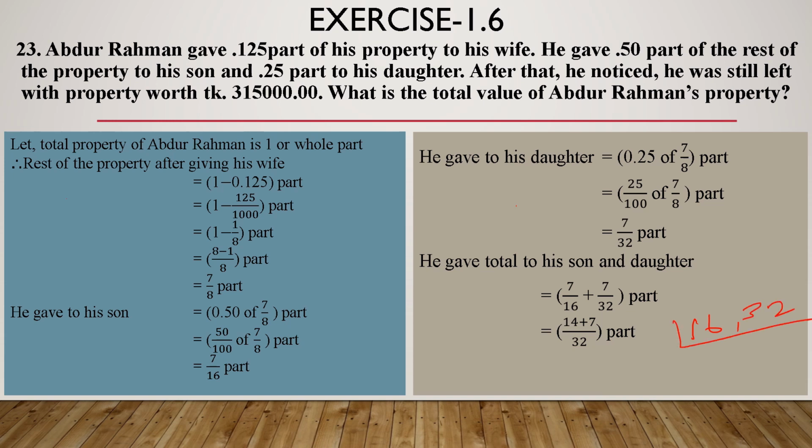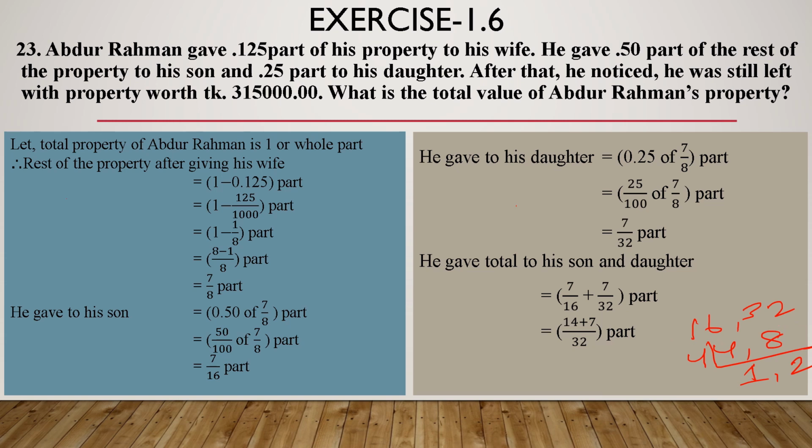If we divide by 4, 4 4s are 16, 4 8s are 32. And after that we can take 4, 4 1s are 4, 4 2s are 8. Then the LCM should be 4 multiplied by 4 multiplied by 2, 16 multiplied by 2, that would be 32. So in this way we get the LCM 32.